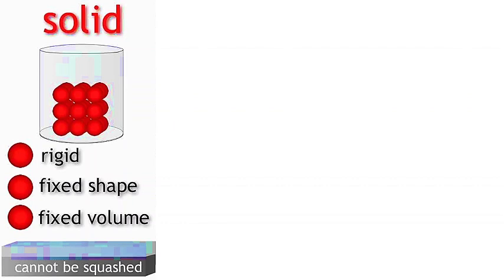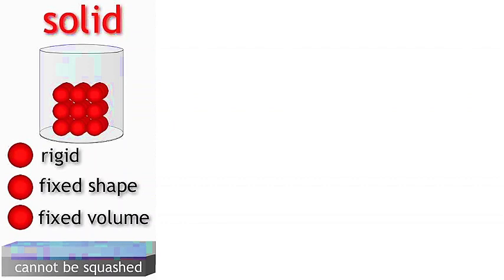Particles of solids are rigid. It means the particles have no spaces in between or among them. Next, solids have a fixed shape. It means that if you place a solid object, coins for example, in your pocket or on the table or in every place possible, it will not change its shape.